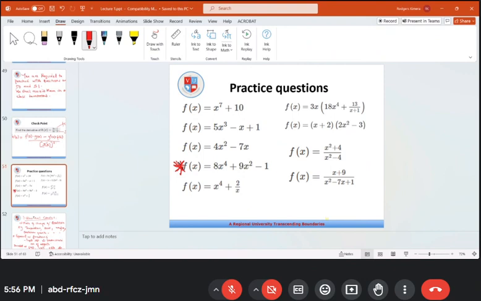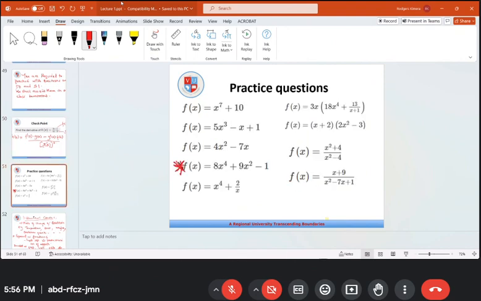Number 1, it was, if we substituted in the first row, because I substituted in the first row, so I got 3x minus 7 out of 4.